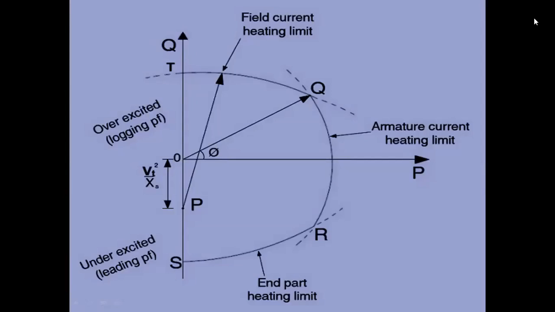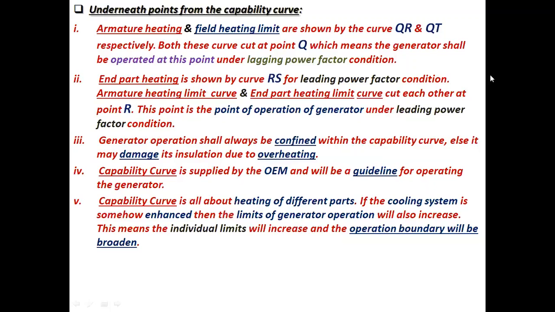This is the underexcited condition, and this is the overexcited condition power factor. From the capability curve, armature heating and field heating limits are shown by the curves QR and QT respectively.